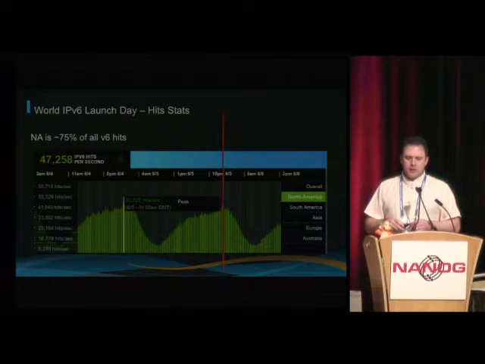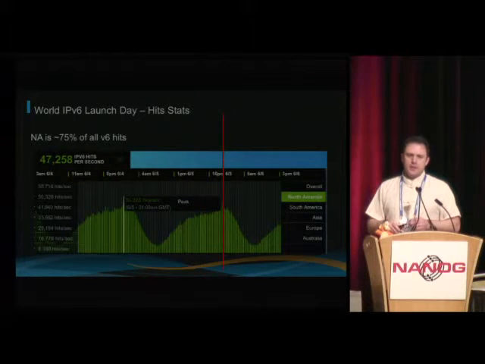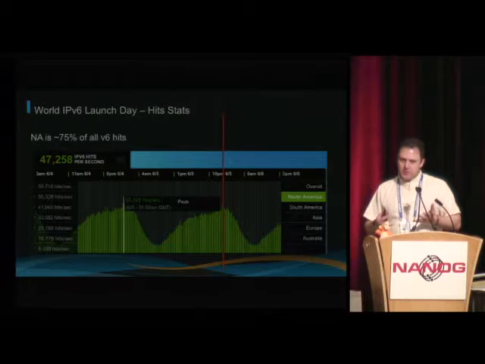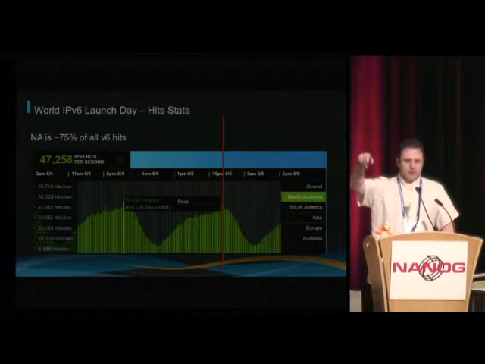Turns out North America, at least from our data set, which I admit is somewhat US-centric, but not 100% US-centric, is a little more ready than some of the other countries around the world. Even some countries that say that they're really ready, like maybe Japan, that have had v6 for a long time, have a lot of breakage.